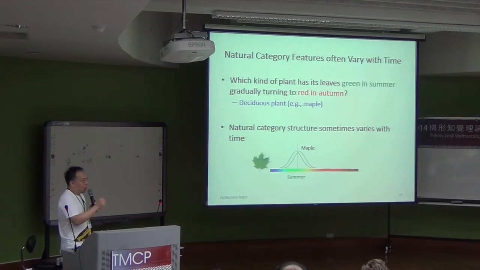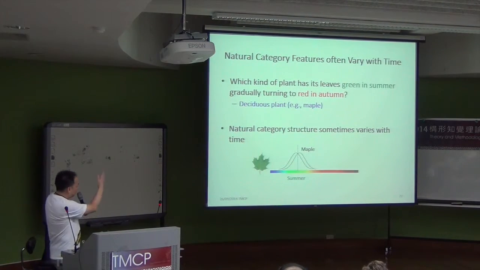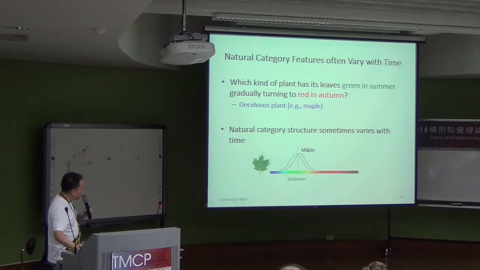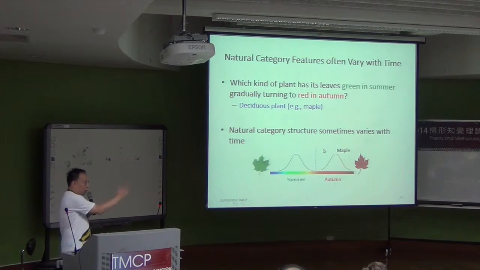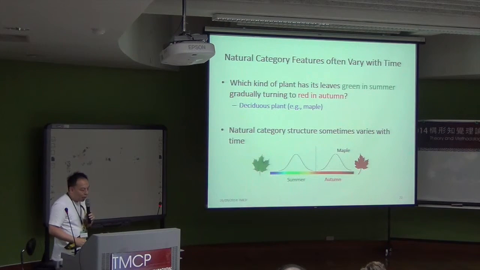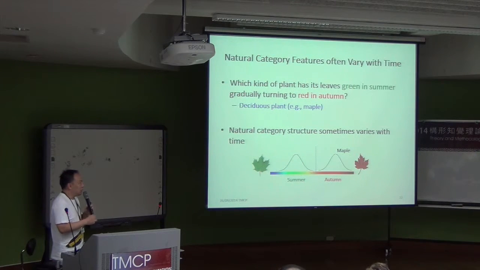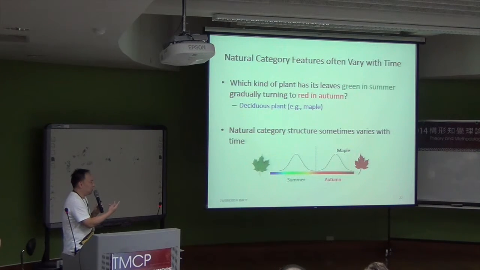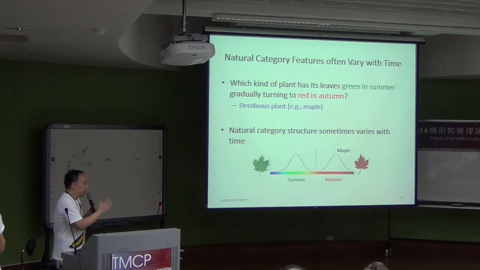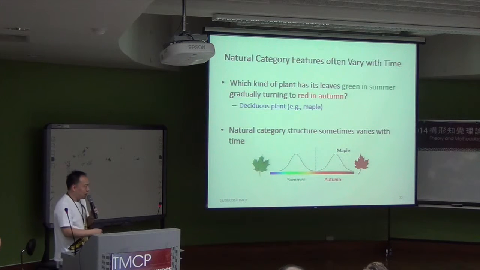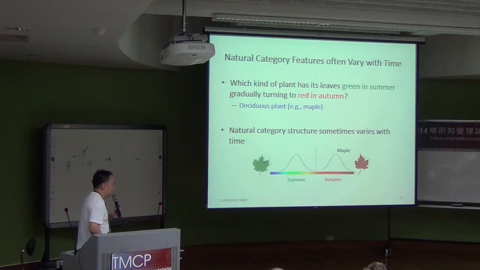In terms of the color of the leaf, the boundary is hard to tell in summer, but in autumn, then just move on. So I'm not quite sure whether this is an answer to your question, but I really don't know whether there will be a flip structure in nature, but the time-varying categories are not equal, at least.